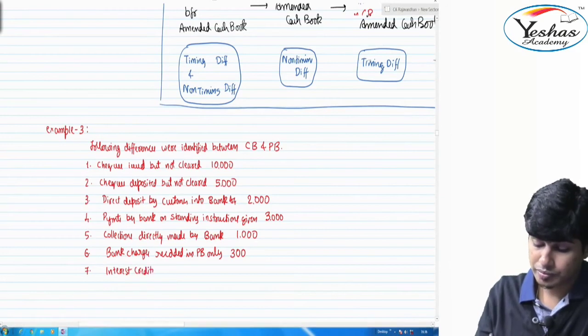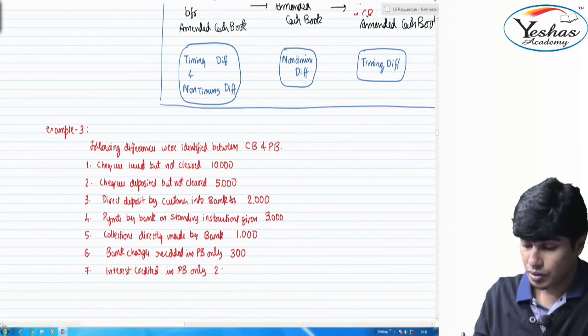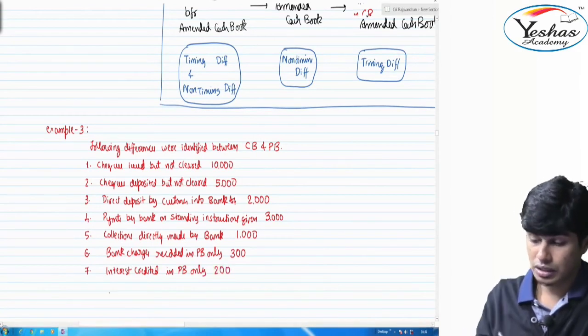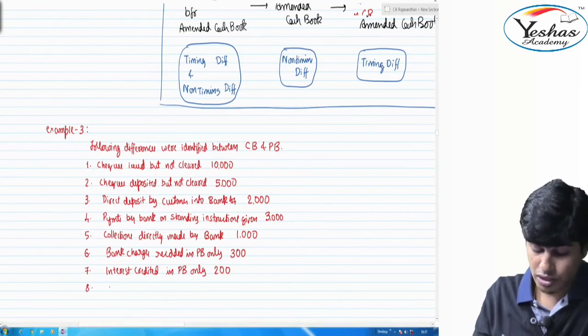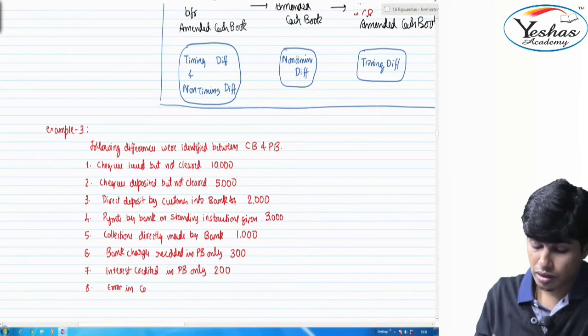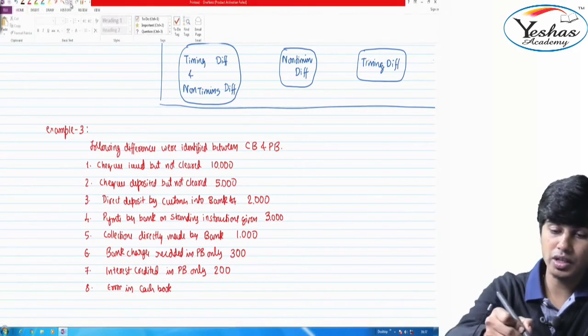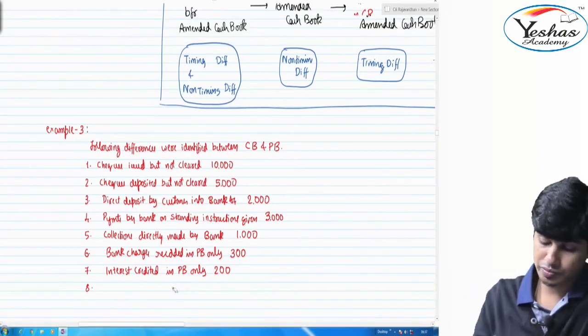Then 7th one, interest credited in passbook only, 200. Done. Then the 8th one, error in cash book.